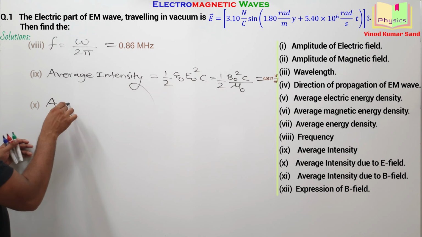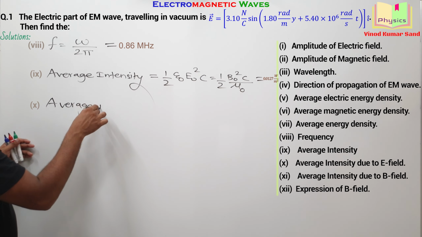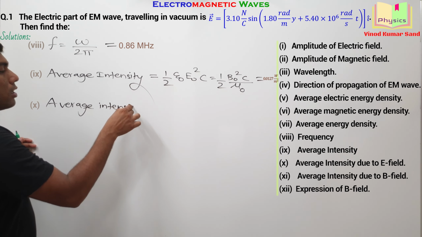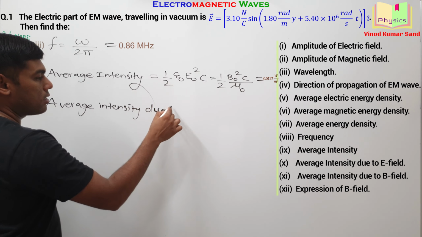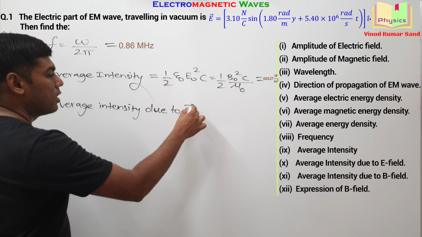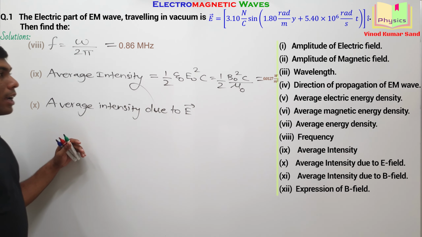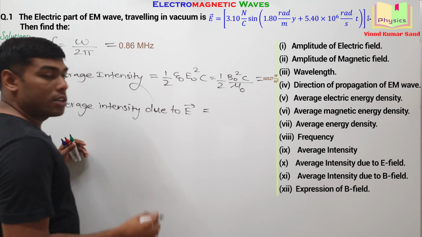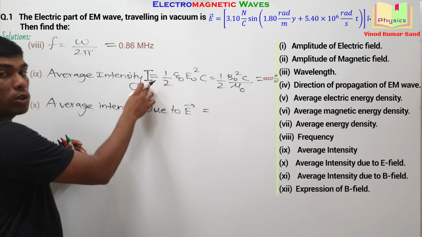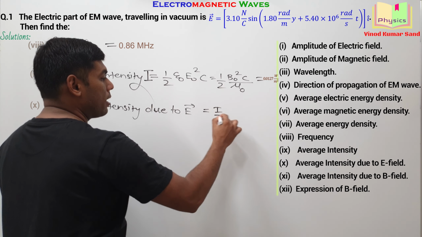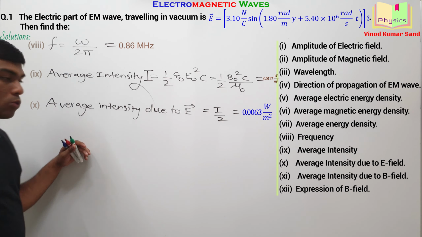Another part of the question is asking for the average intensity due to the electric field. That's important. Due to the electric field, the average intensity will be equal to half of this total intensity. So I by 2 will be our answer.